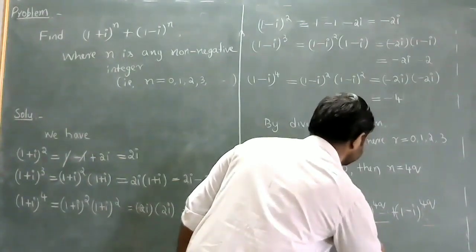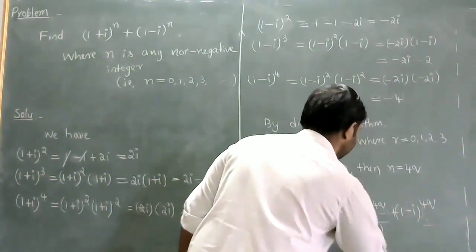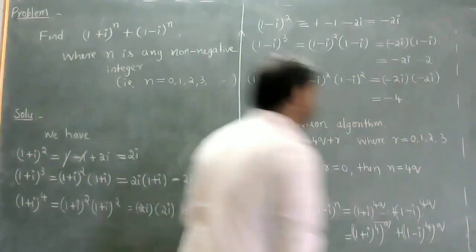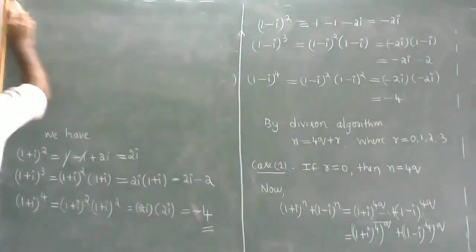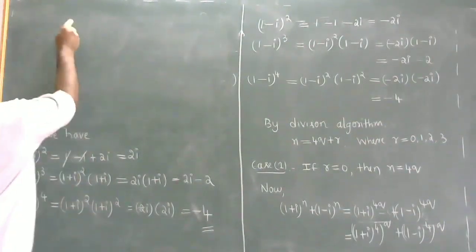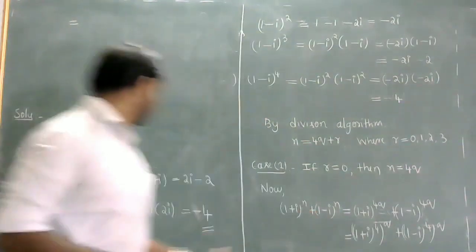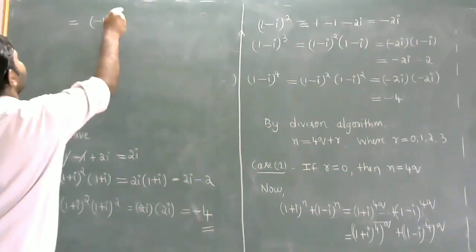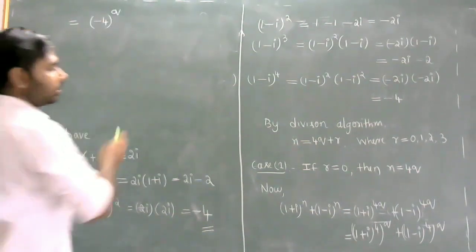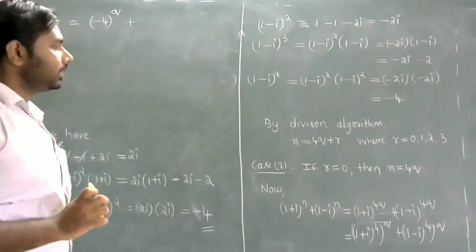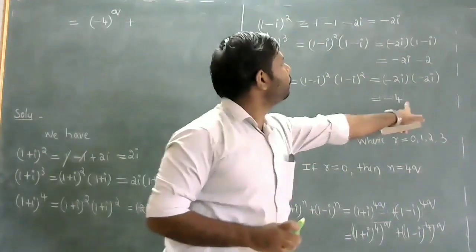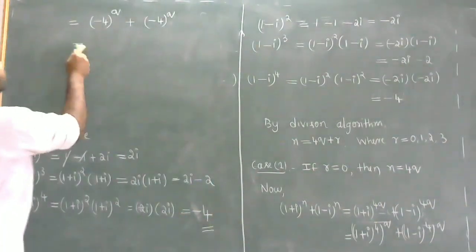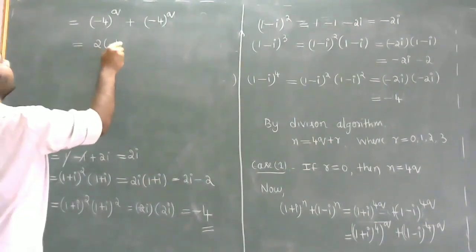So it is ((1+i)⁴)^q + ((1-i)⁴)^q. (1+i)⁴ is -4, so (-4)^q, plus (1-i)⁴ is once again -4, so (-4)^q. So it is 2 times (-4)^q.